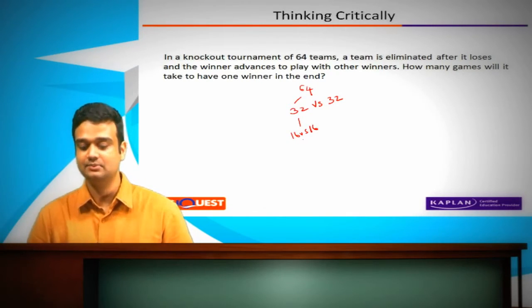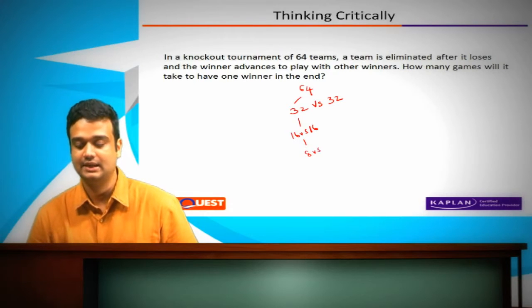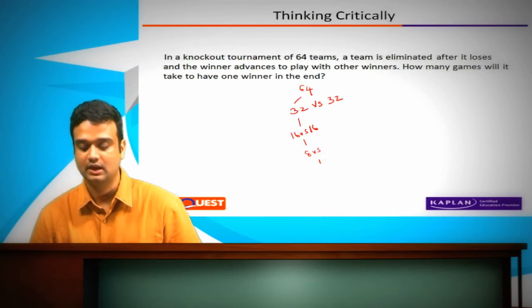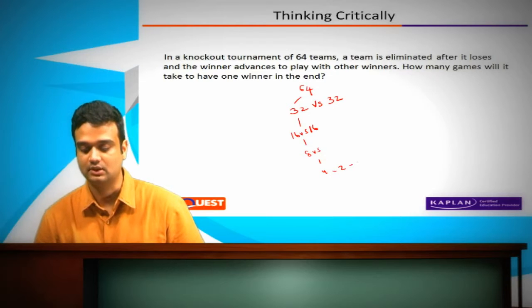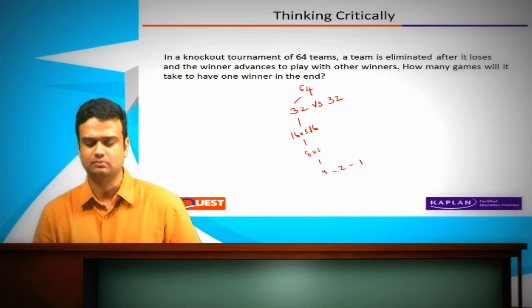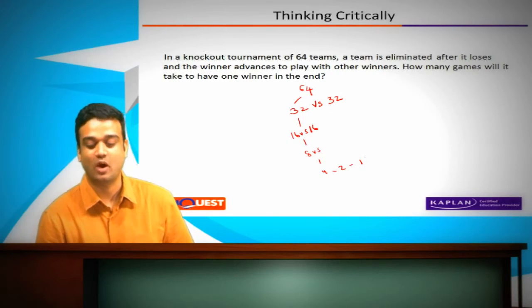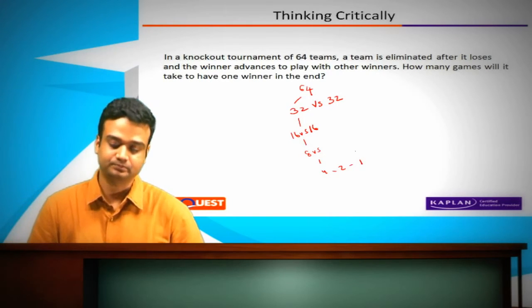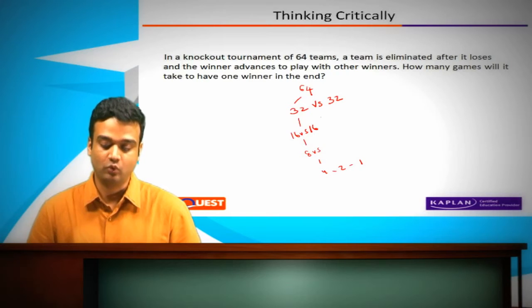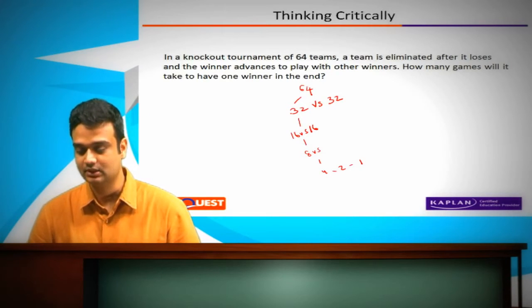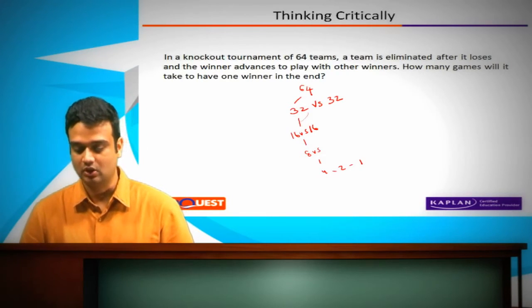There are going to be 16 games, and then 8 games, and then 4 games, and then 2 games, and then 1 game, right? Yeah, 1 game where there's 1 winner. So therefore, what you will end up doing is adding all of those numbers.